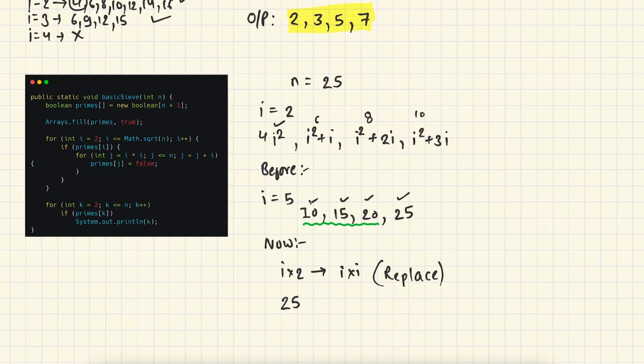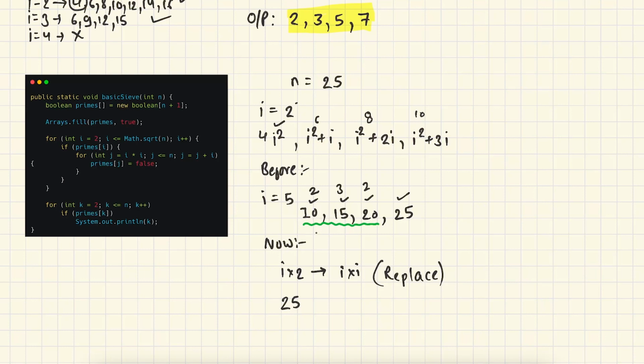But we are unnecessarily checking 10, 15 and 20. Why? Because 10 is a multiple of 2, 15 is a multiple of 3 and 20 is also a multiple of 2. So when we were running our loop for 2 and 3, they would have been marked as false, right? So we are unnecessarily checking these. So we can avoid checking all these numbers.